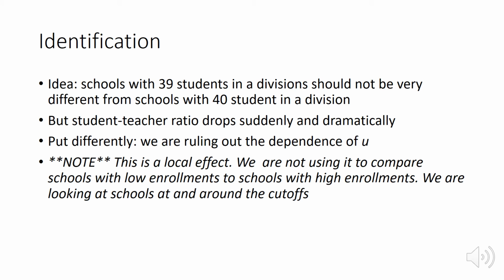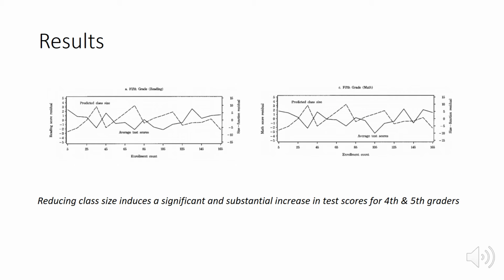Schools that we think look similar to one another, but it just so happens through blind luck that one happens to be on the other side of the student-teacher ratio cutoff. So let's see what actually happens in the data.